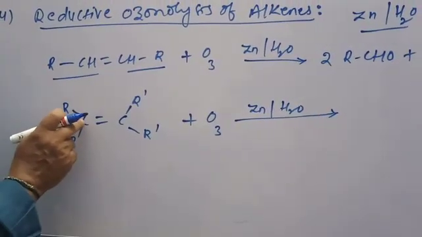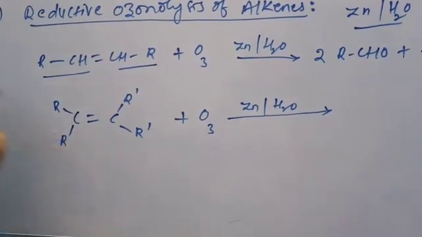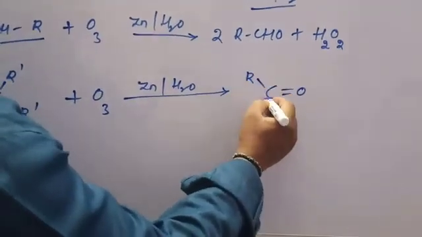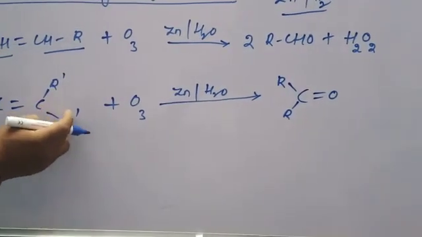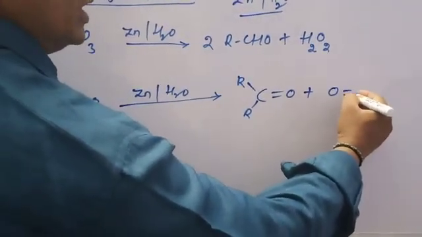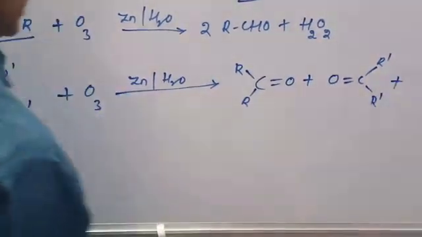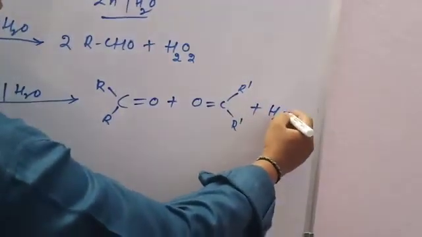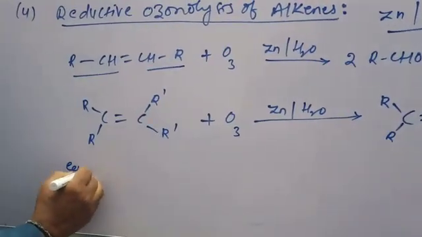One oxygen combines with the R and R carbon, and the second oxygen combines with the R' and R' carbon. Then it gives O=C(R)(R) and O=C(R')(R'), plus the remaining oxygen combines with water to give hydrogen peroxide. This is explained with suitable examples.